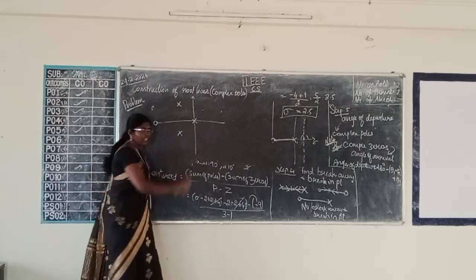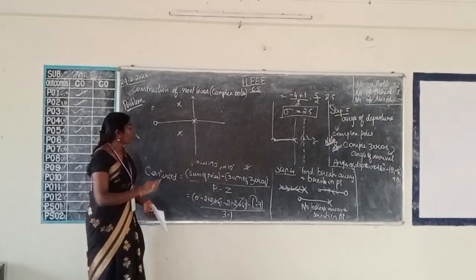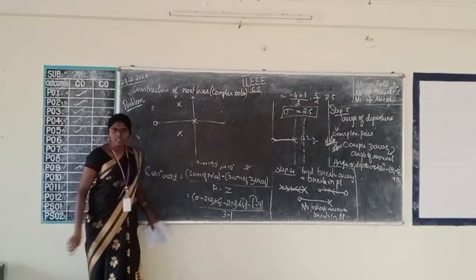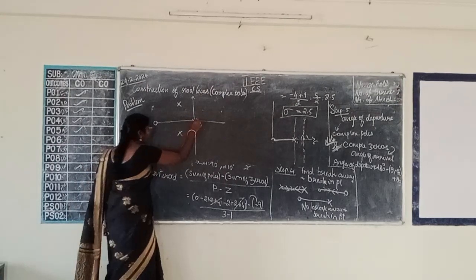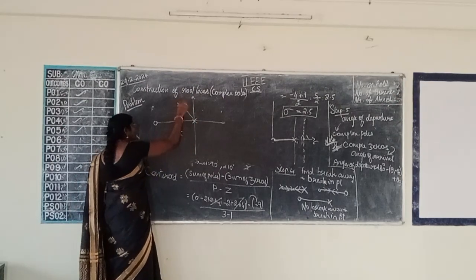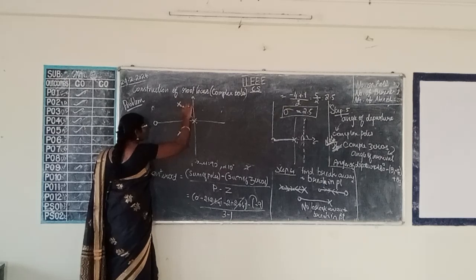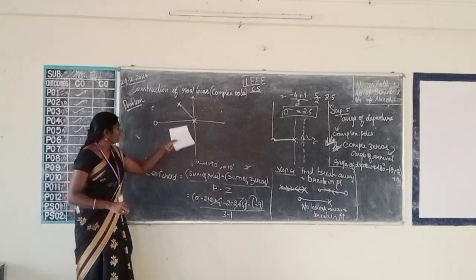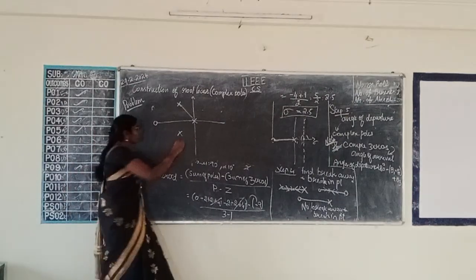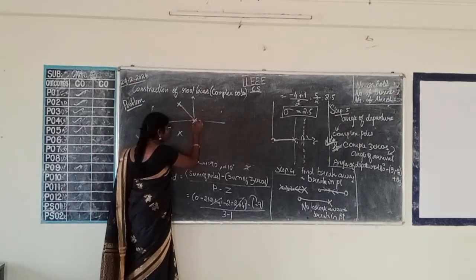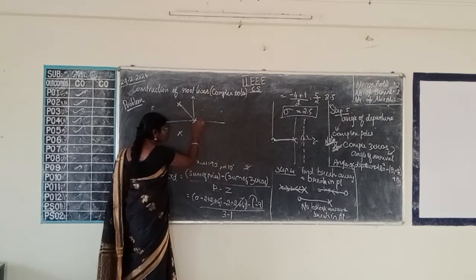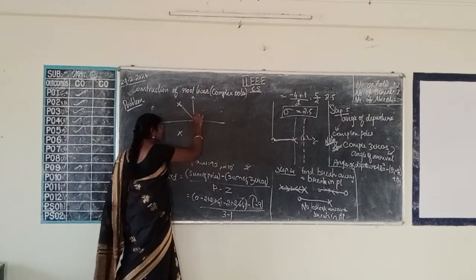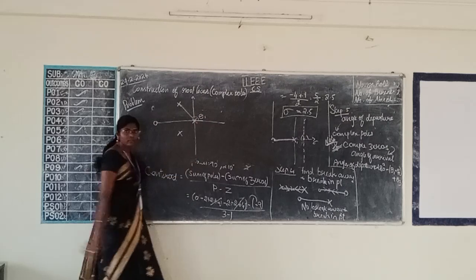For theta 1, draw a light shaded line to connect these two poles, and with respect to the real axis, this is the angle theta 1.